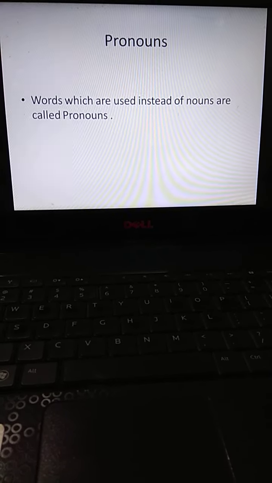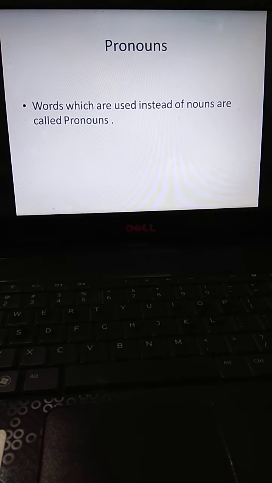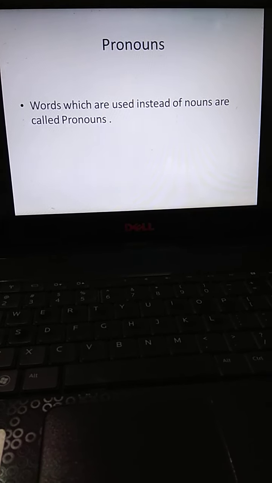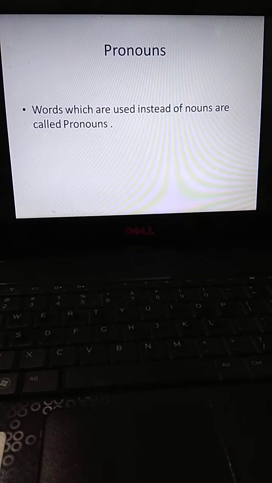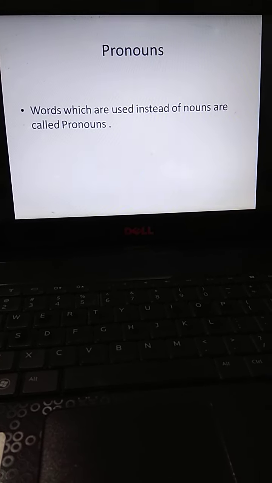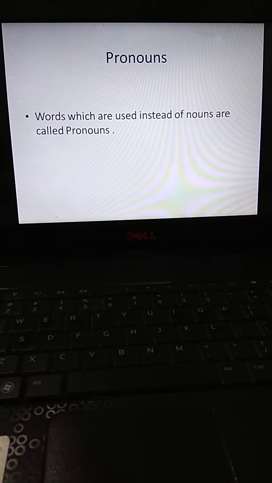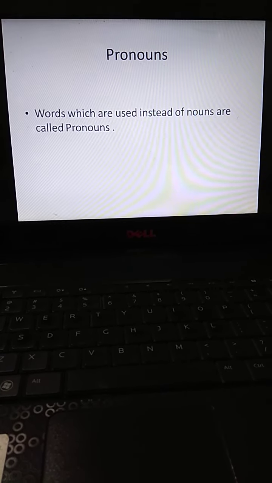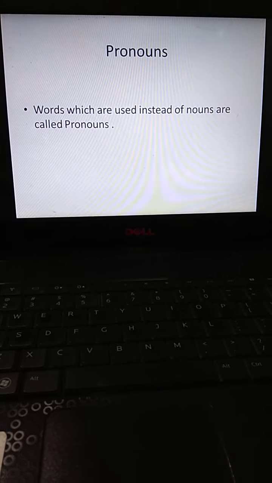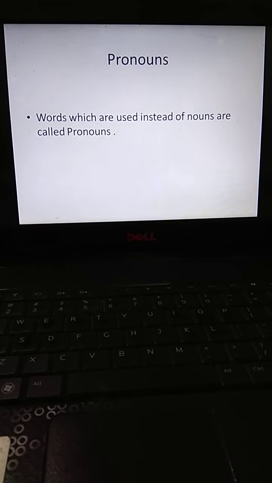What is a pronoun? We know that words which are used instead of nouns are called pronouns. We do not use names of persons, things, or places repeatedly. It will sound odd if we repeat the same names again and again.